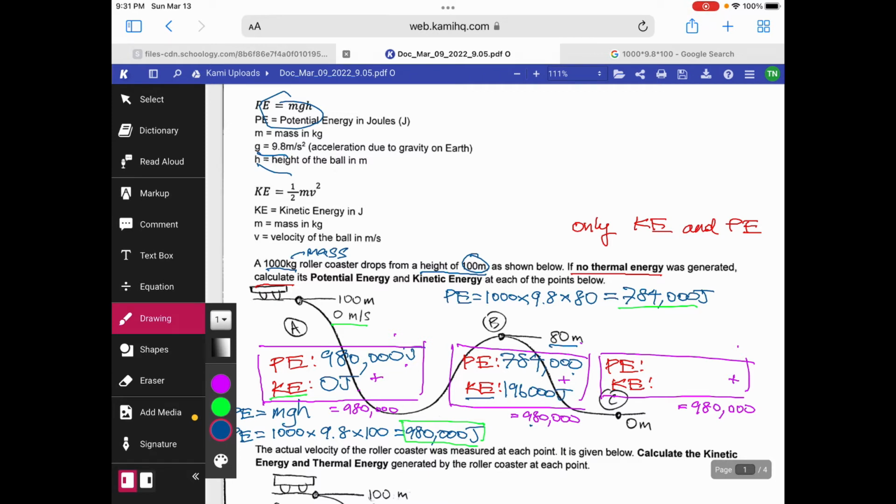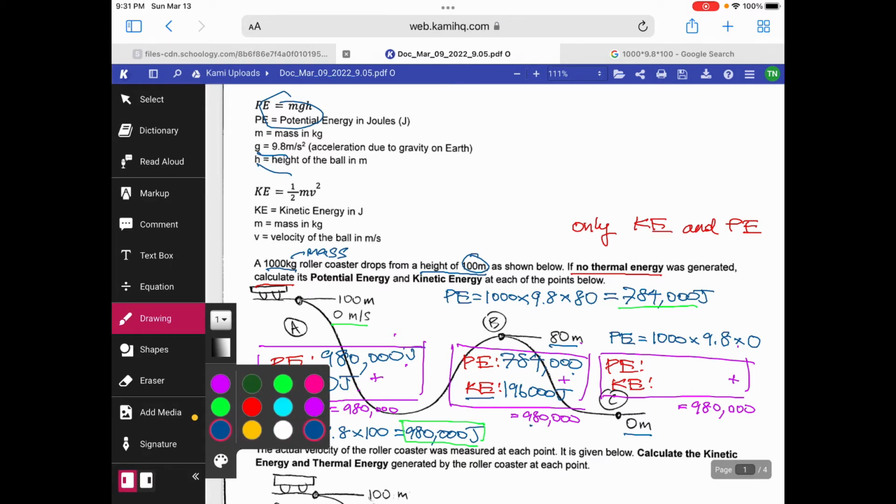All right, so we're almost finished with the problem. So here at point C, the potential energy of the cart is the mass, which is still 1,000, times g, which is still 9.8. But now the height of the cart is 0 meters. So times 0.